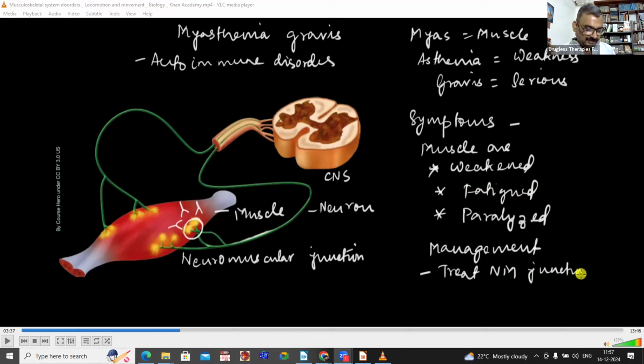Okay, so let us see what the next disabilities are. Immunosuppressants. Here there is more to it. What we have to treat here, what they are telling, is the neuromuscular junction and immunity.